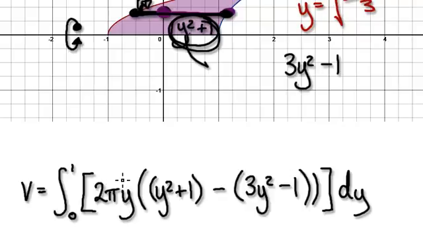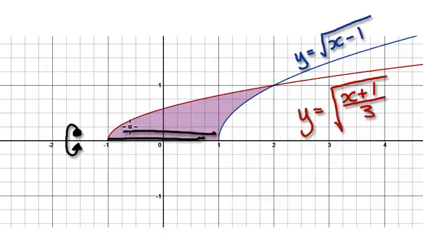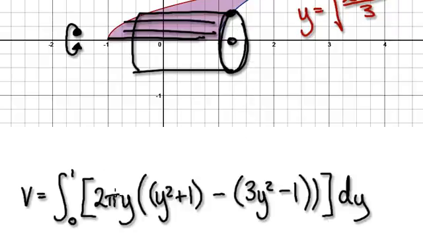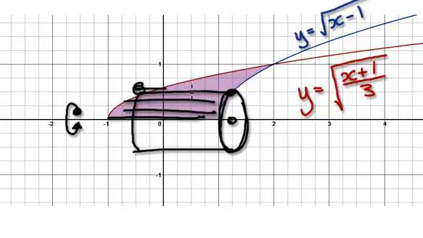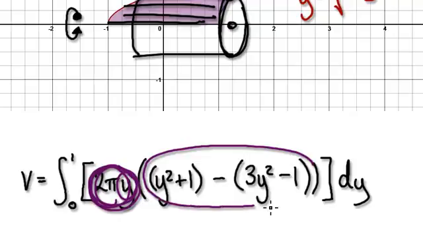So remember, we are summing up all the cylinders. Looking at this particular cylinder here, the circumference is given by this, because the radius is y. Then the length of this cylinder is given by this whole thing here, and then it's going to be dy.